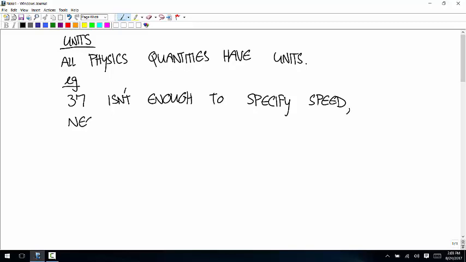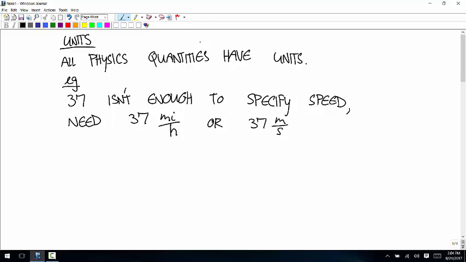You need to make sure the person you're talking to knows that it's 37 miles per hour or 37 meters per second. It has to refer to a specific set of units.